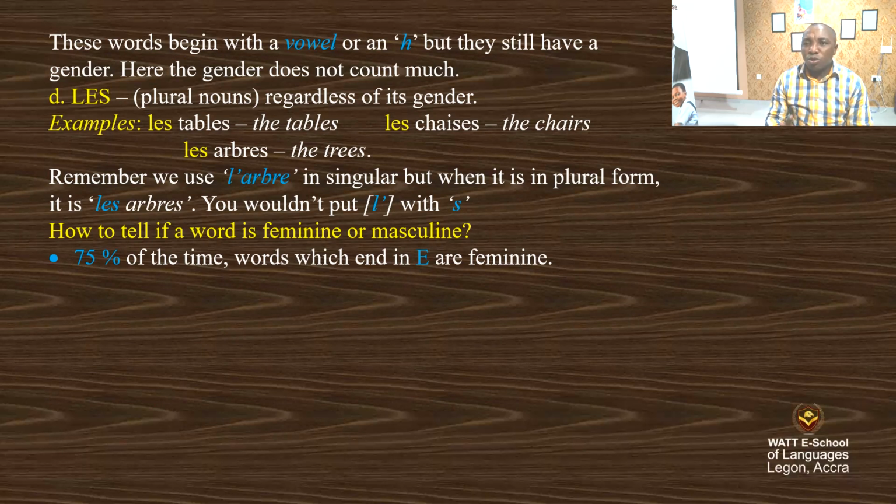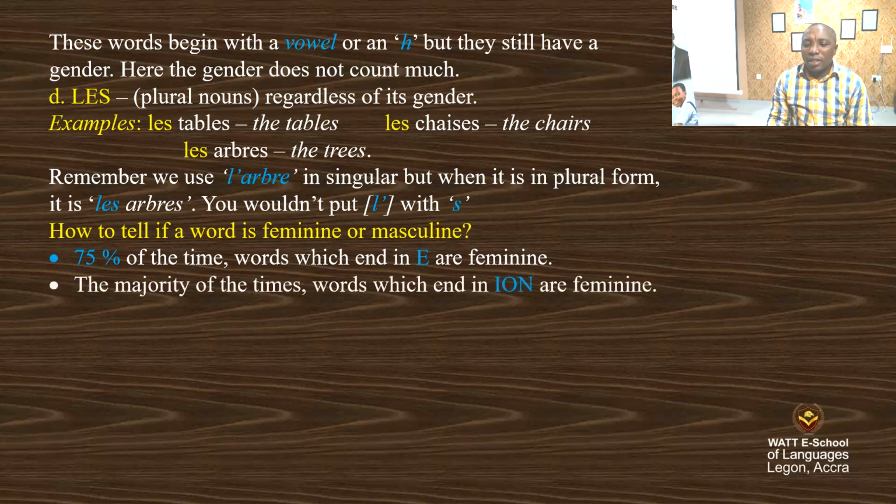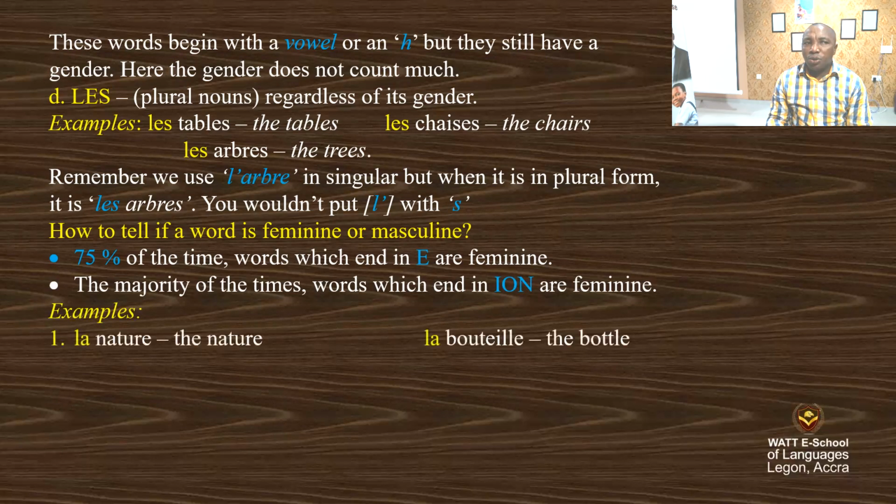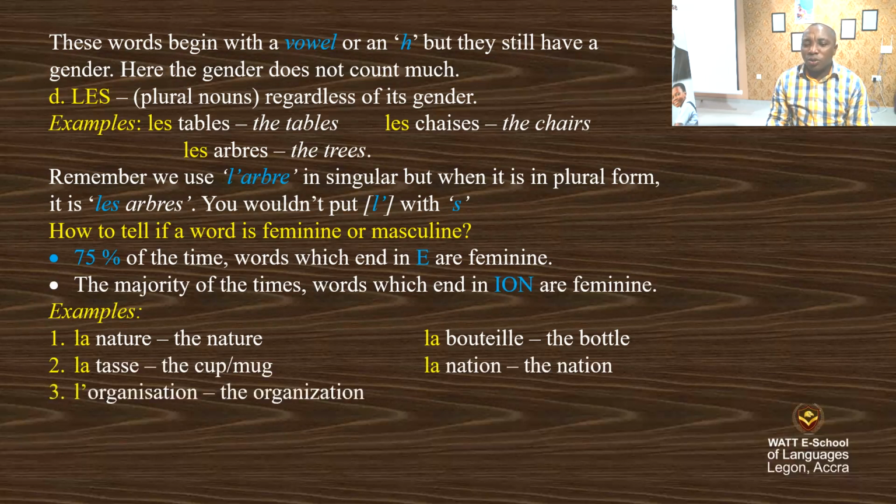What you need to do is to practice them by reading them, by searching for their meaning from English to French. The majority of the times, words which end in I-O-N, ion in French, are feminine. Examples: la nature, la bouteille, la tasse, la nation, l'organisation.